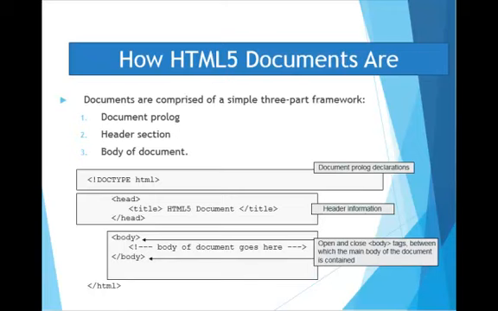The header and body information of the document are contained in this root element. The start head tag comes directly after the HTML start tag in an HTML5 document. This element must be placed inside the HTML element.